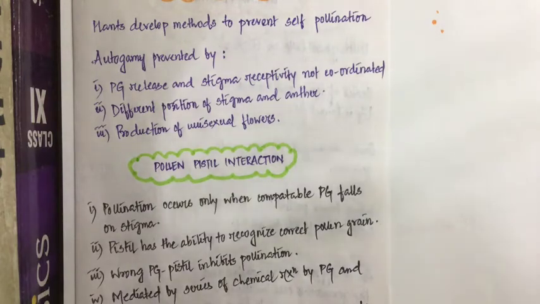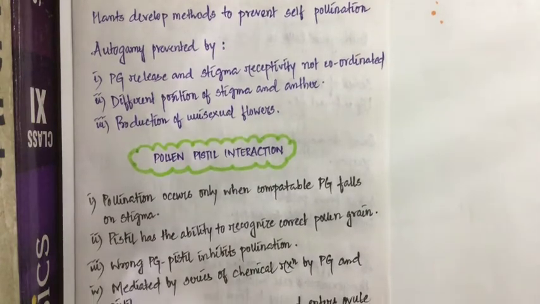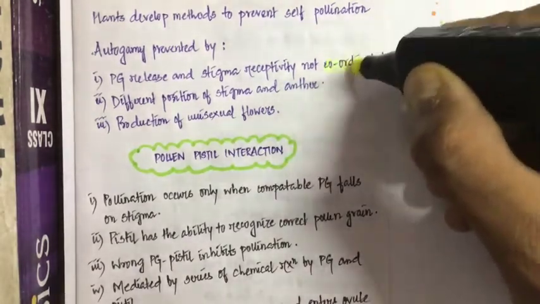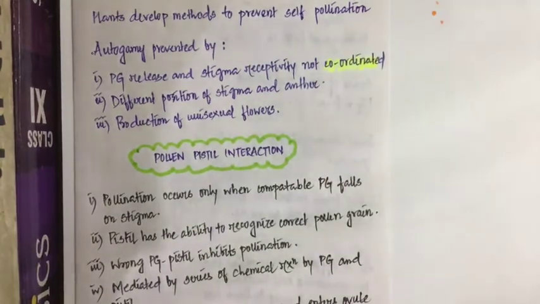So autogamy is prevented by the following things. Number one, pollen grain release and stigma receptivity are not coordinated. Very important thing. That means the time when the pollen grain is released and the time when the stigma will receive that pollen grain is totally non-coordinated. Sometimes the pollen grains are released but the stigma is not yet receptive.